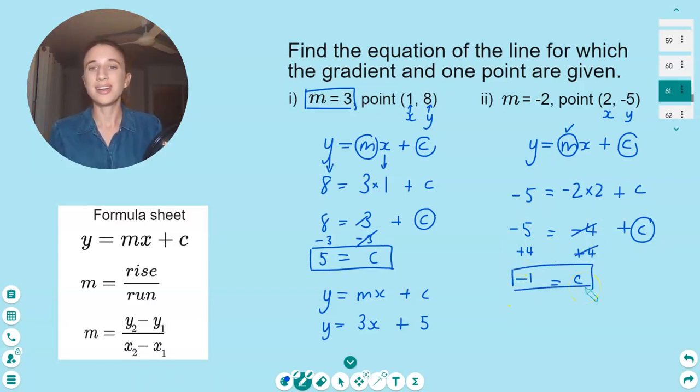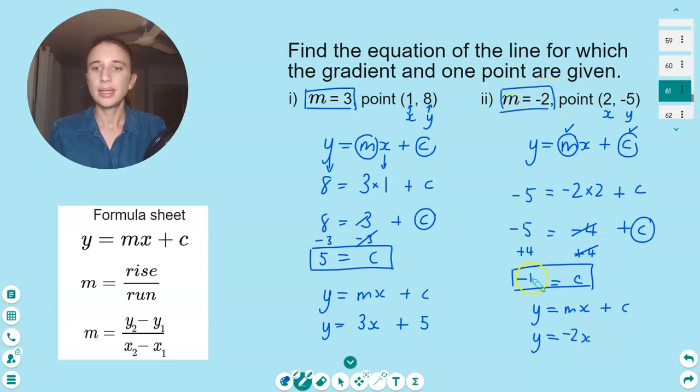But we are not done, because we need to write the equation of the line. y equals mx plus c. We leave y and x in the equation. m is given in the question, m is -2, and c is -1. That's our equation.